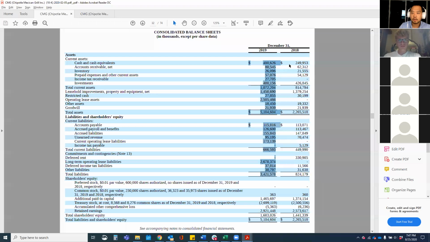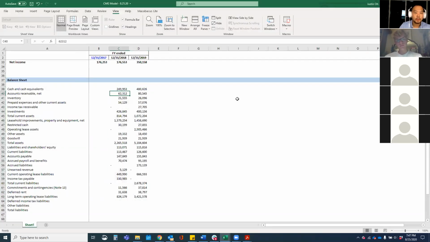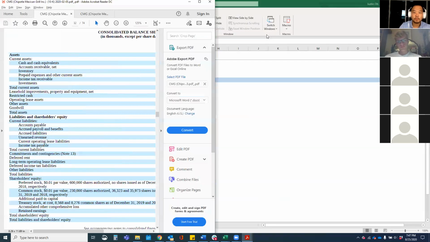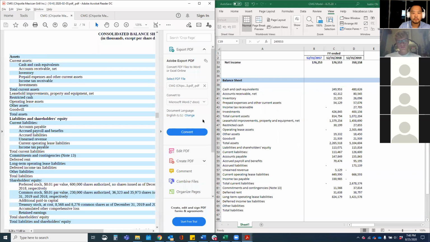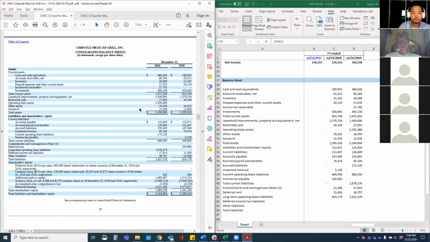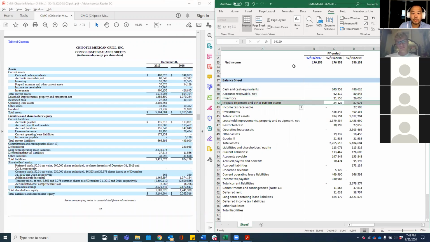Obviously that needs some work. And then we want to line this up. So cash, accounts receivable, inventory, prepaid, income taxes, investments, this.